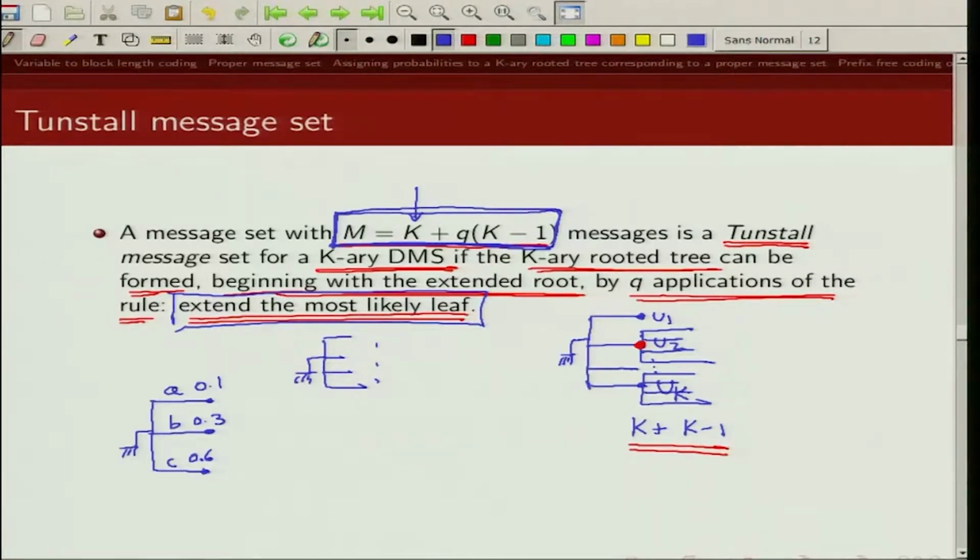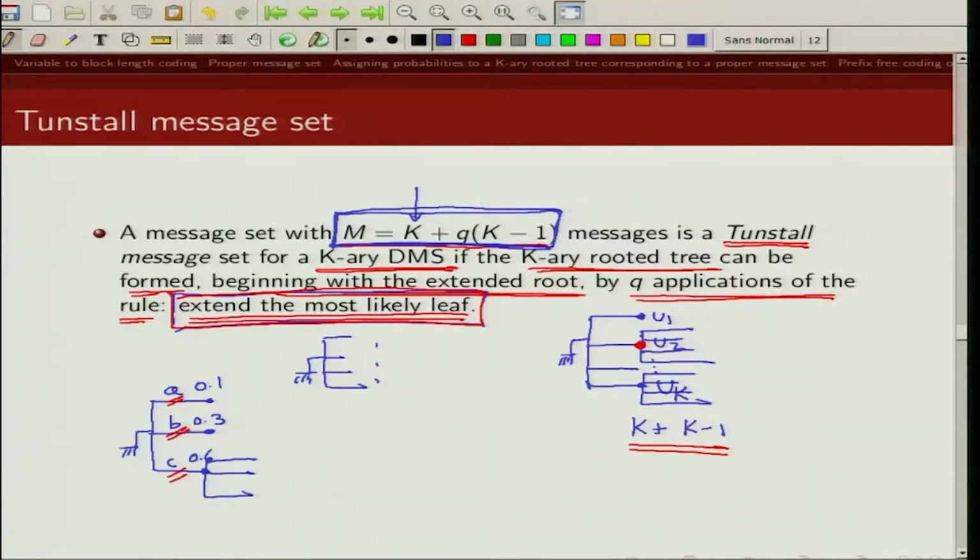Let's say I want to extend a leaf. Now which one should I extend? Should I extend A, B, or C? According to this rule, I should extend the most likely leaf. Which is the most likely leaf? That's C, because the probability of this vertex is 0.6. So I am going to extend this particular leaf.